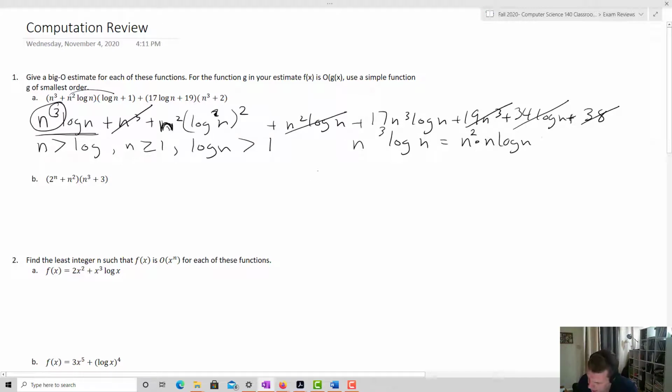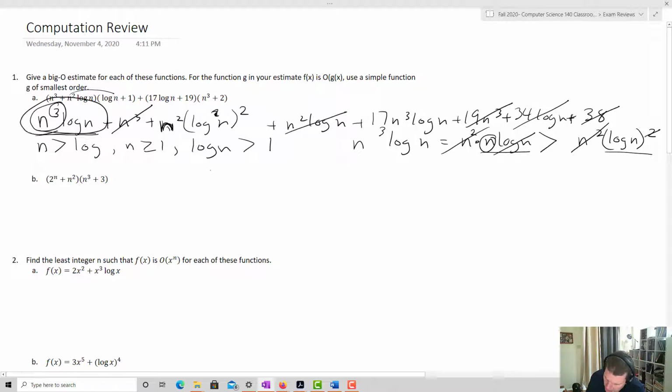If we compare that to n squared log n squared, you can cancel out the n squareds, and then you're just comparing n log n to log n squared. We know that n log n is going to be bigger than log n squared because n is bigger than log n. In fact, we can factor out one of those log n's, and we get that n is greater than log n. So this function is going to be O of n cubed log n.